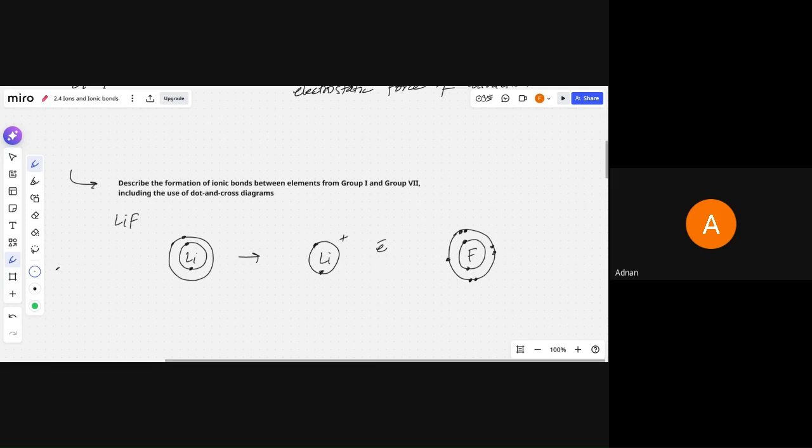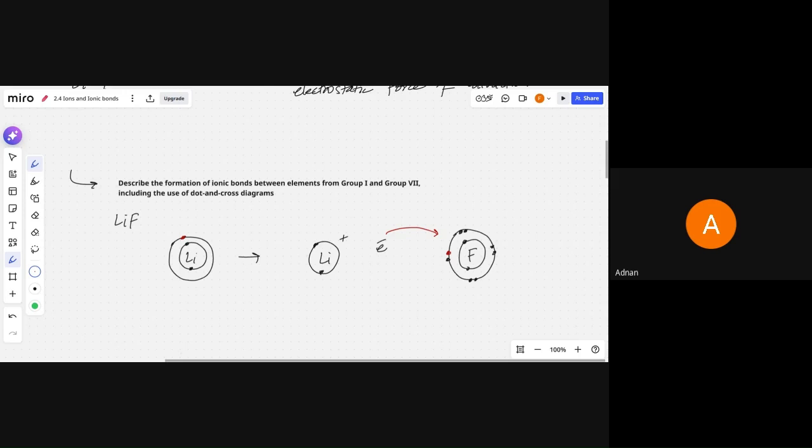Now this eighth electron, the electron that lithium lost, will be gained by fluorine. I'm going to draw this in red to denote that it came from lithium, right? Let me just change the color here as well. Now this is how we draw the dot and cross diagrams.